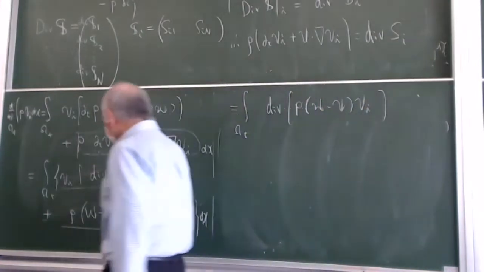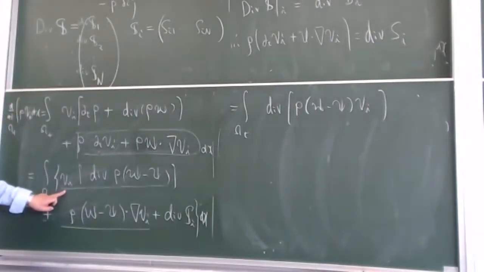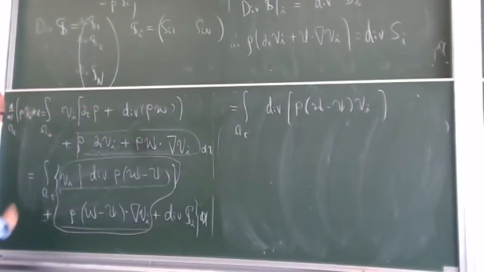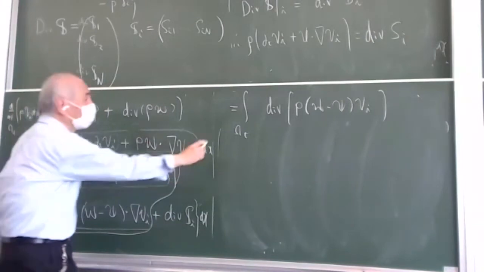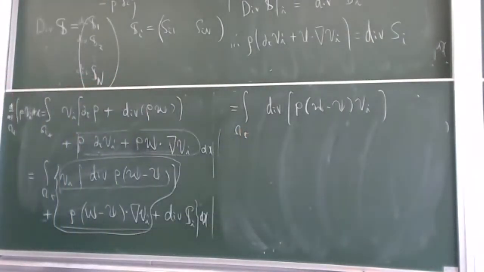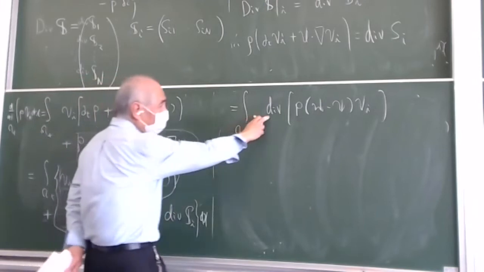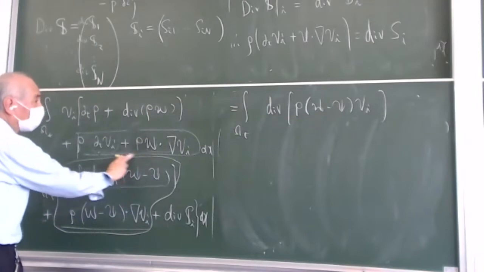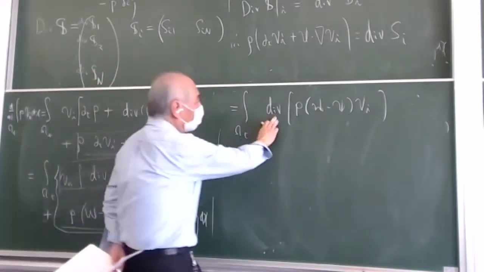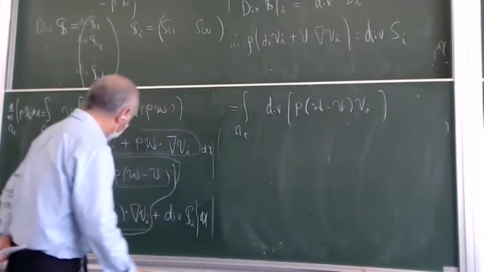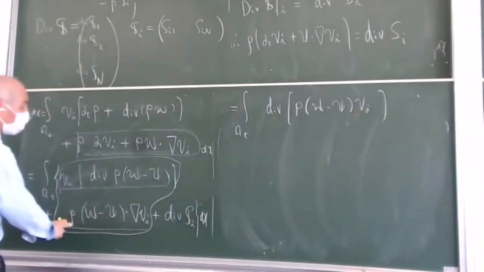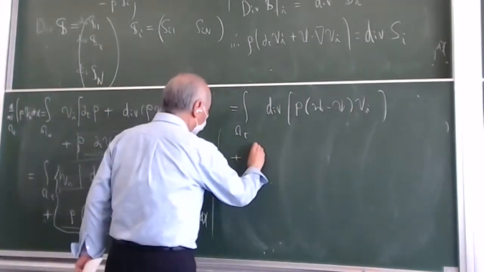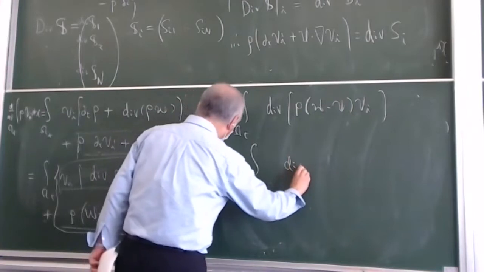These two come to here. Because if the divergence comes to here, then this is Vi times div one. And then if the divergence comes to here, it's nabla Vi. So nabla Vi rho w minus b. And the second term is omega t.